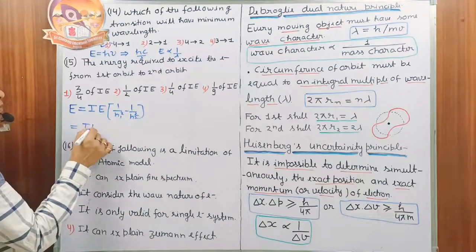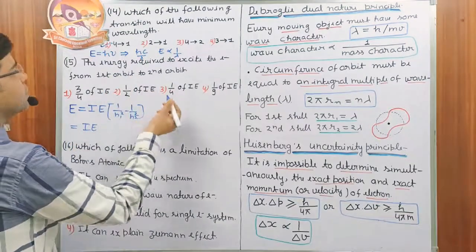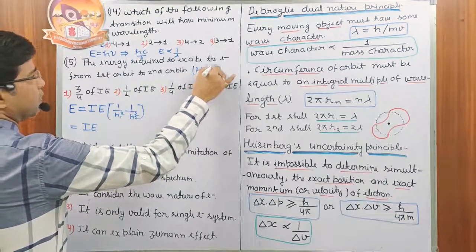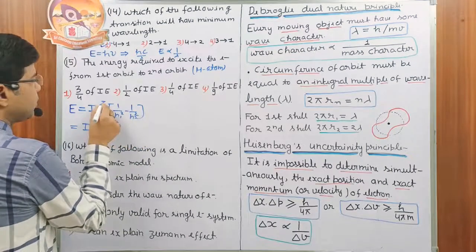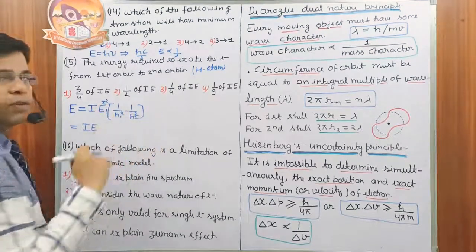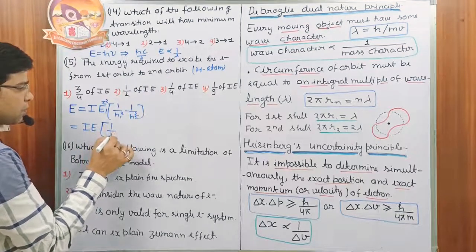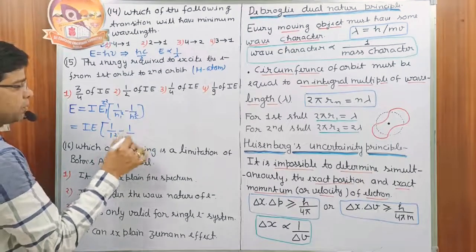Since it is the hydrogen atom, the ionization energy is not given, but this question is framed for the hydrogen atom. If it is a hydrogen atom, then Z square is always equal to 1, and the electron is initially present in the first shell and we have to transfer it into the second shell.